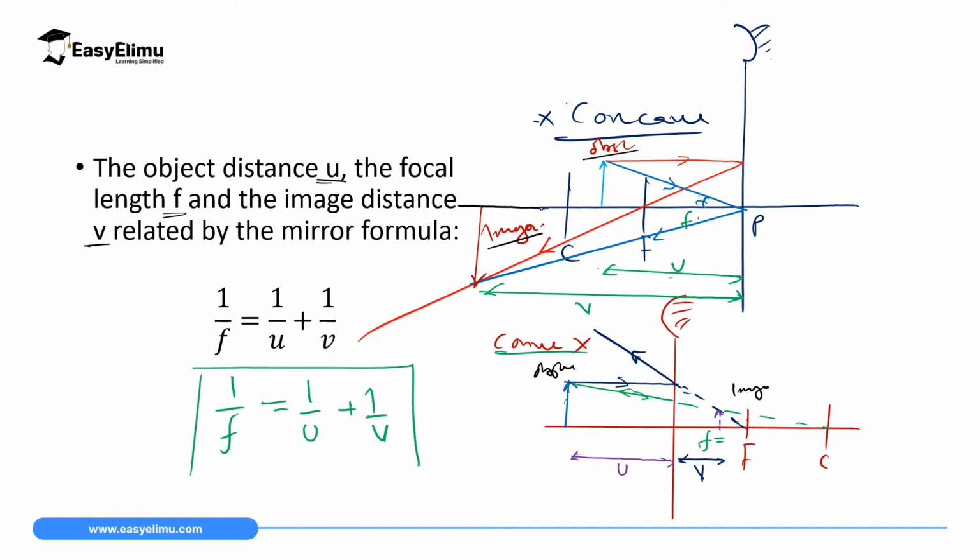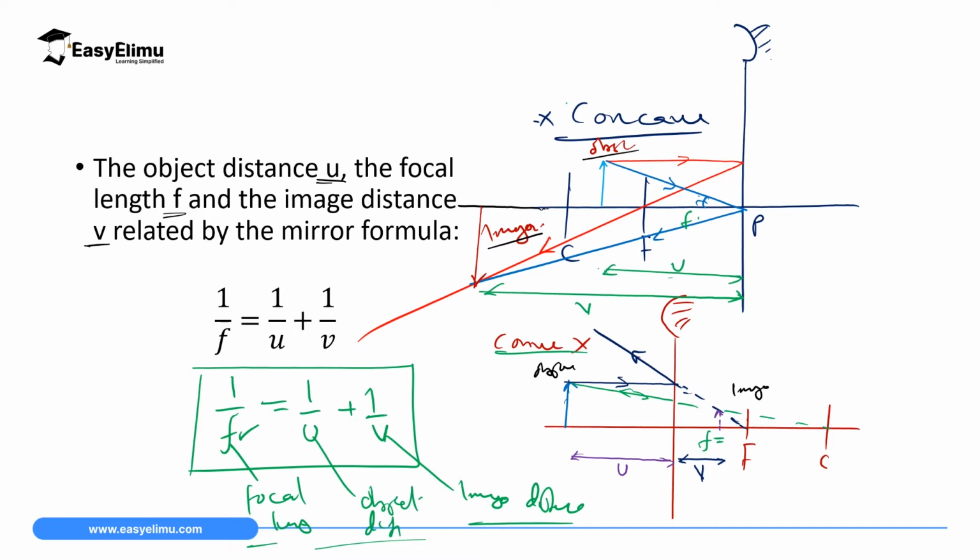And when you represent it like this, F represents the focal length, U represents the object distance, then V represents the image distance. Then from this, that's what we call a mirror formula. So a mirror formula is 1 over F is equal to 1 over U plus 1 over V.